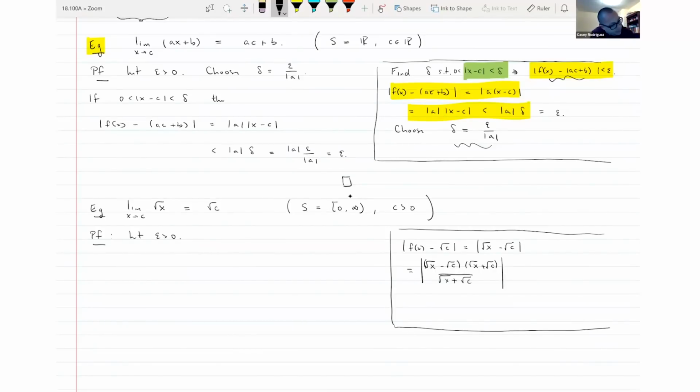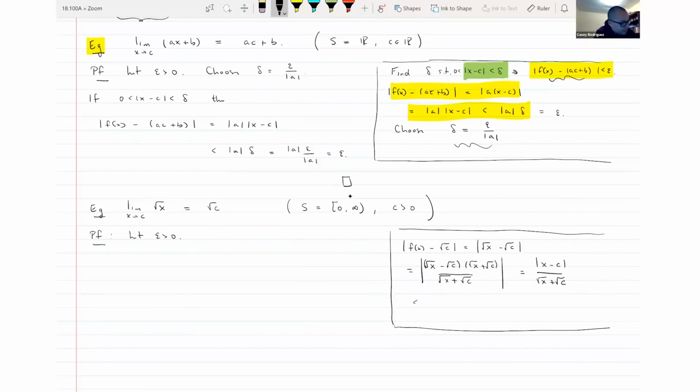Okay. And so now on the top, I have the product a minus b times a plus b. So that's the difference of squares, which gives me x minus c on top over square root of x plus square root of c.